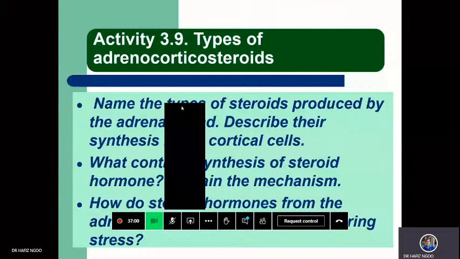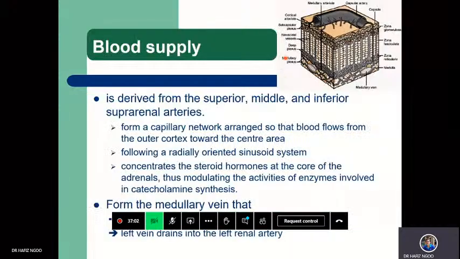Okay. Now we look at the blood supply. The blood supply is basically coming from the superior branches of the inferior phrenic artery, directly from the aorta and from the renal arteries. When they reach the adrenal glands, these arteries branch to form a plexus under the capsule supplying the adrenal cortex.